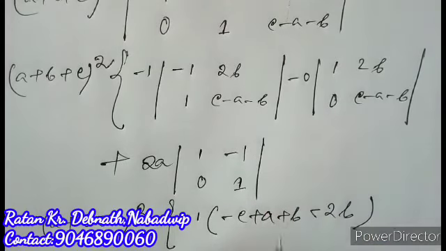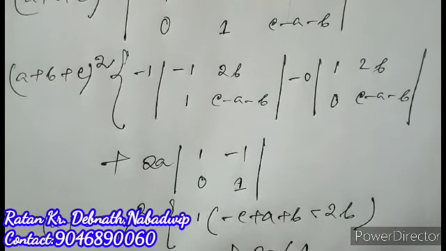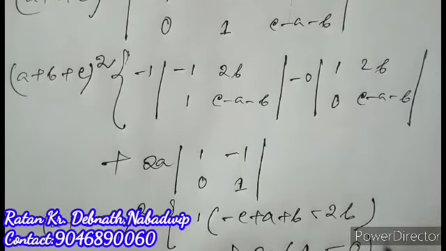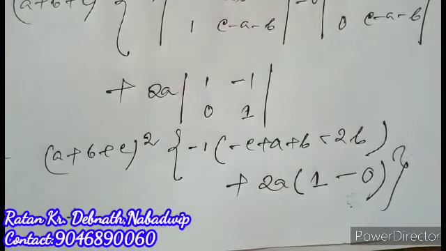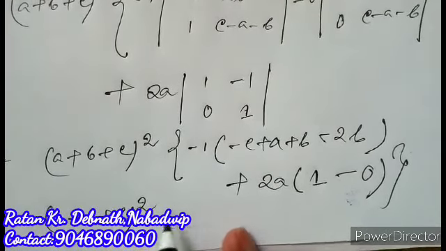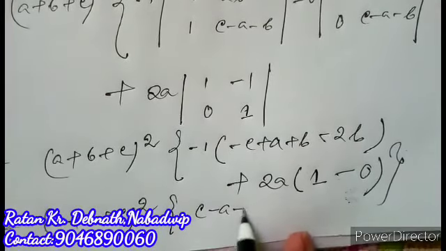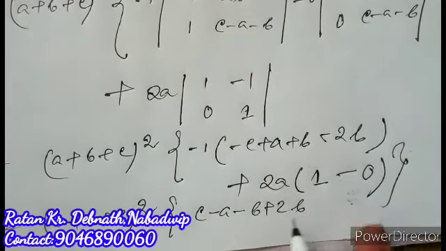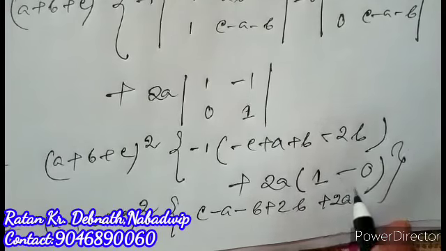There is 0, so the whole part is 0, plus 2a into 1 minus 0, a plus b plus c whole square, c minus a minus b plus 2b, and here plus 2a.